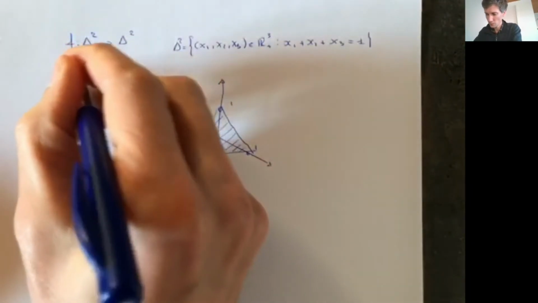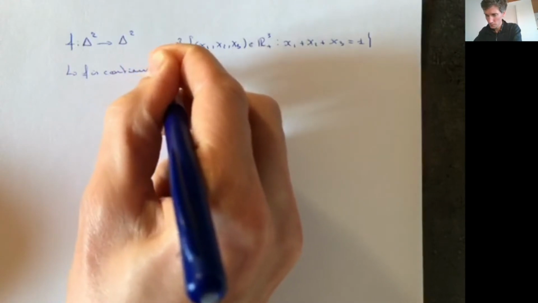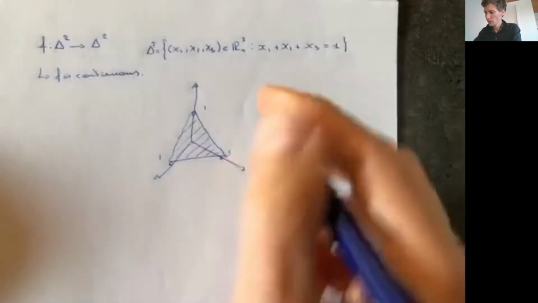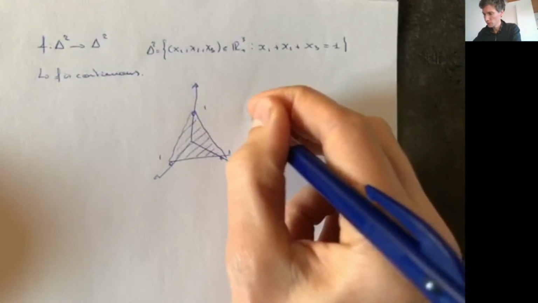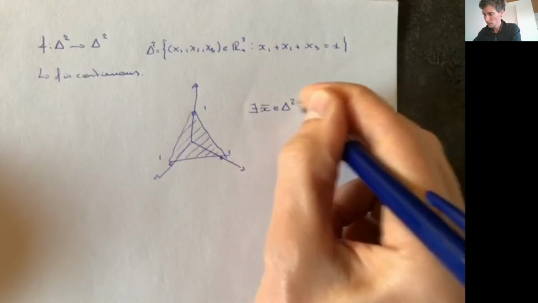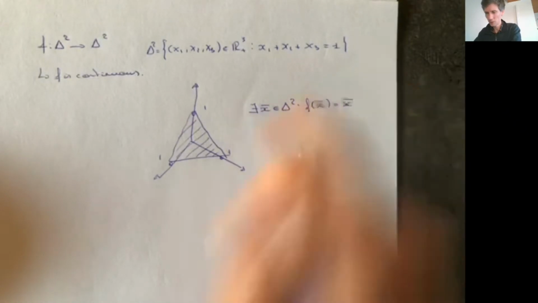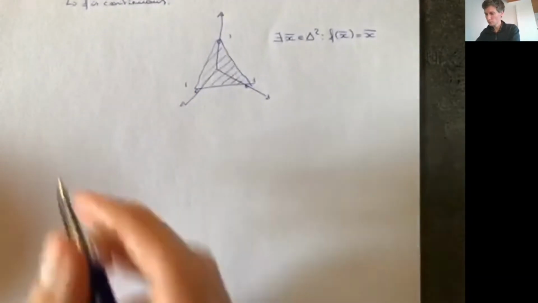Okay, and we assume that f is continuous. Now you have to show that there exists some vector x in delta 2 such that f of x is equal to x.